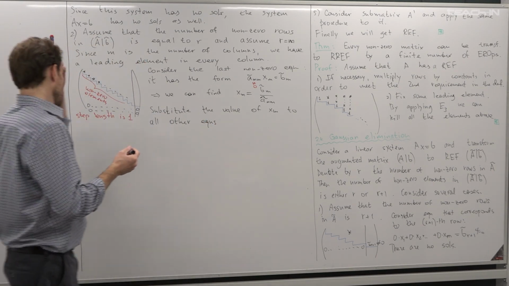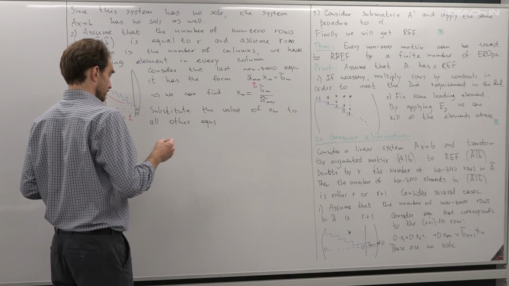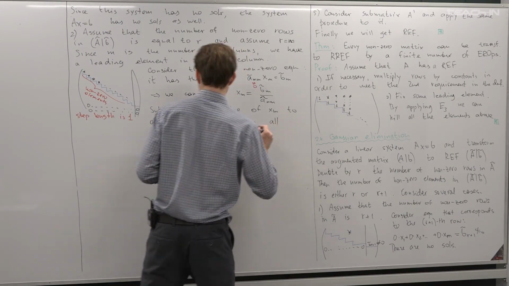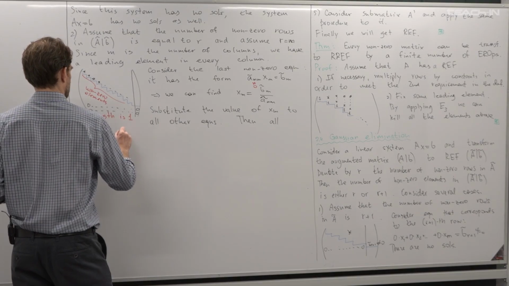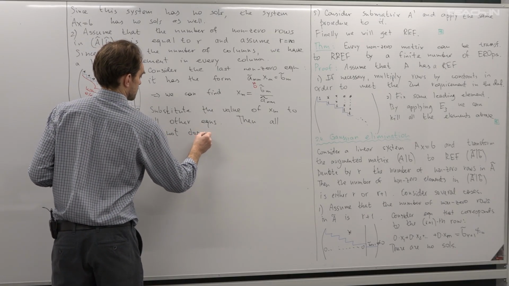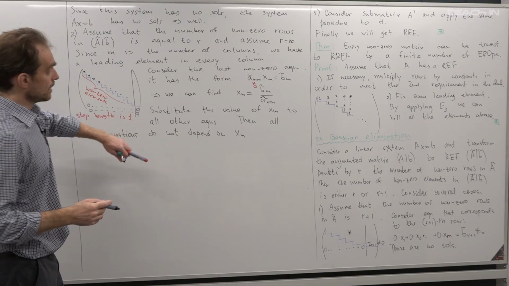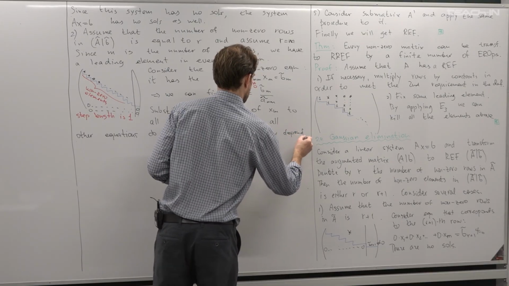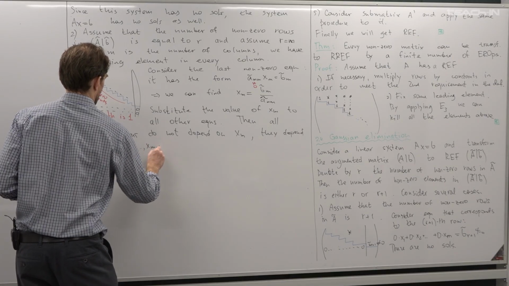Let us look at the previous equation. Then all other equations do not depend on xm, just because we have already eliminated xm, so they depend only on x1, etc., xm minus 1.